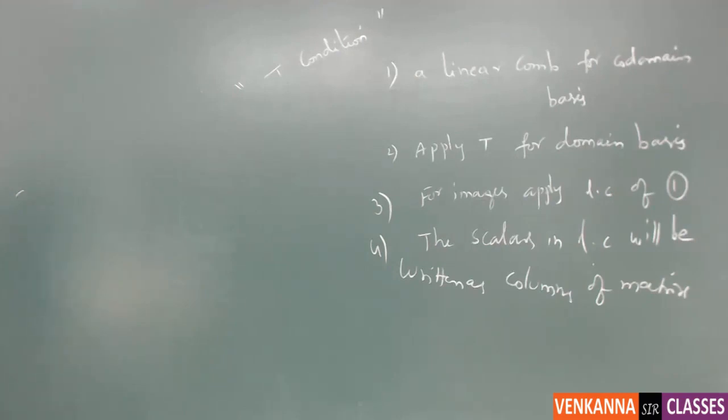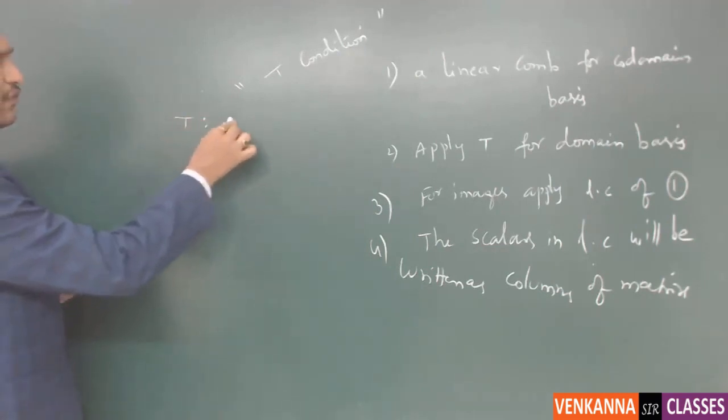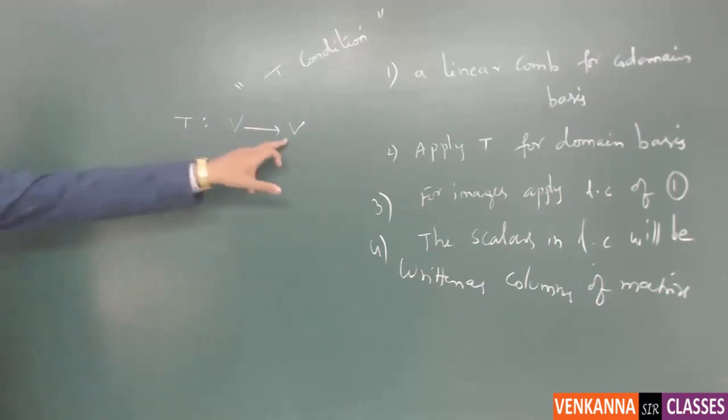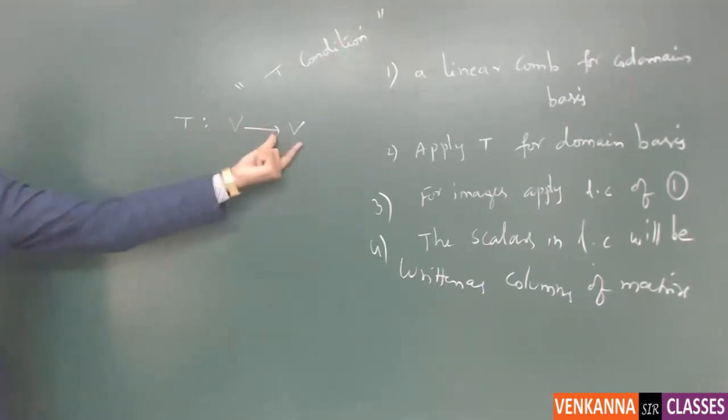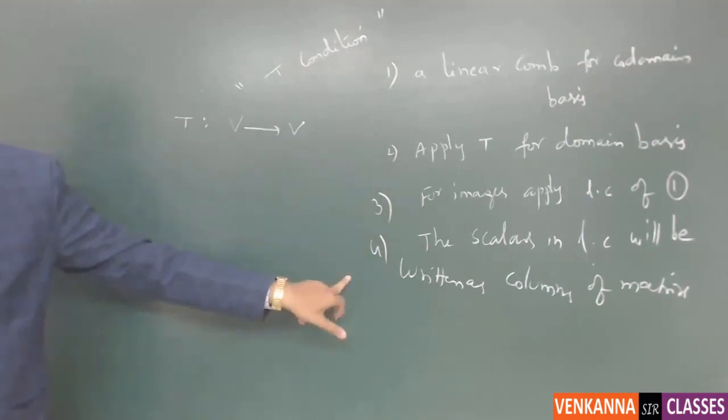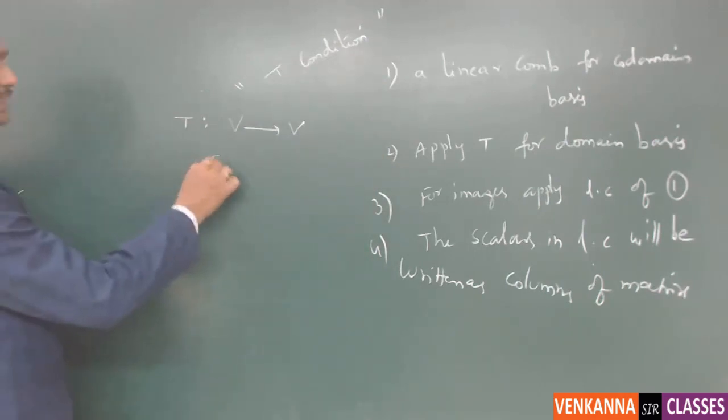Now what happens if T is a function from V to V itself? That means domain and codomain are the same. In such cases, we do the same procedure for one single basis.